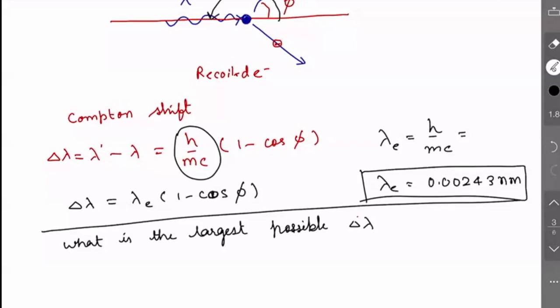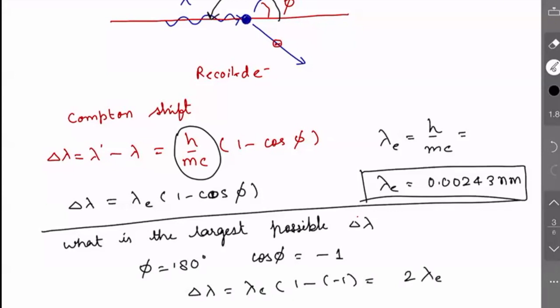So if phi is 180 degrees, cos phi will become -1 and delta lambda will become equal to lambda e times 1 minus -1, which is twice lambda e.